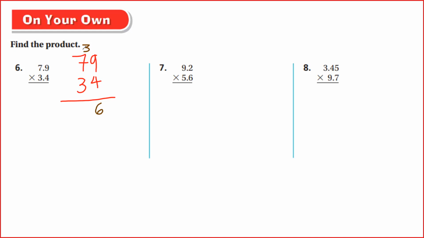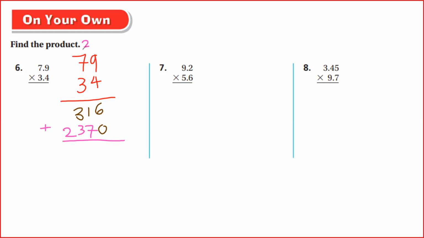Plus 3 equals 31. Then 3 times 9 is 27. 3 times 7 plus 2 is 23.